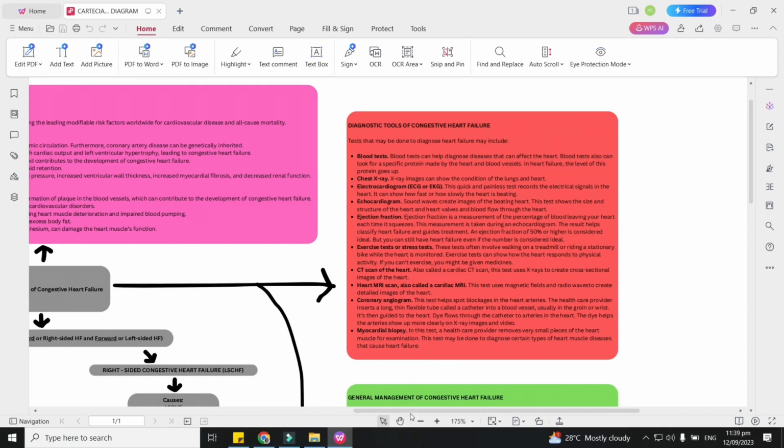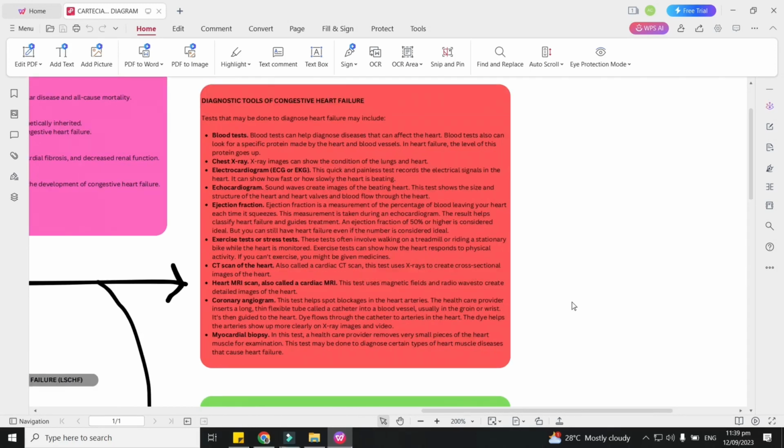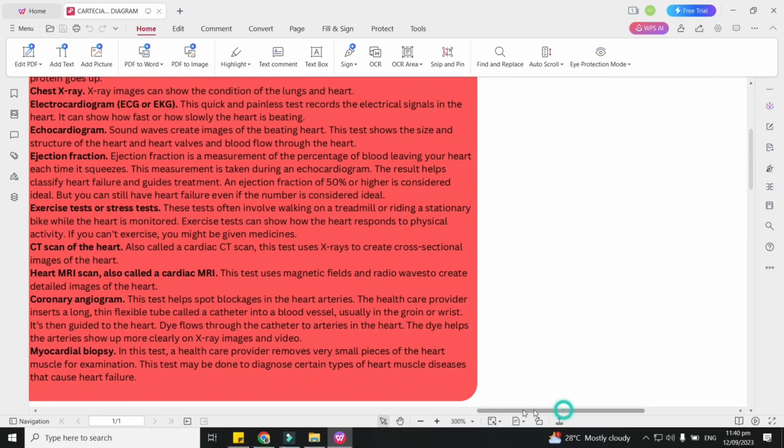So let us now proceed with how we can diagnose congestive heart failure. As we all know, based on the meaning of the disease, it's all about the heart, so our diagnostic procedures will be more focused on the heart. So let's just zoom in.